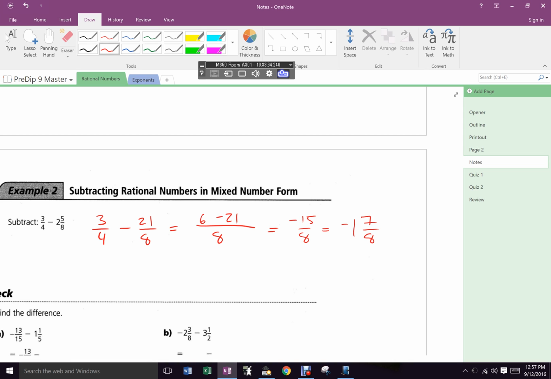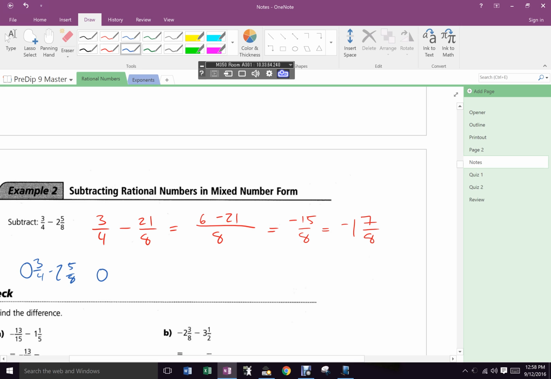Yeah? Sam? That's cool. What'd you do? I did this one like a 0 and then 3/4. Yep. So you said this was 0 and 3/4 minus 2 and 5/8, and then you used the other method, right?